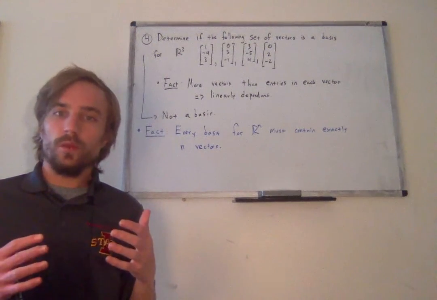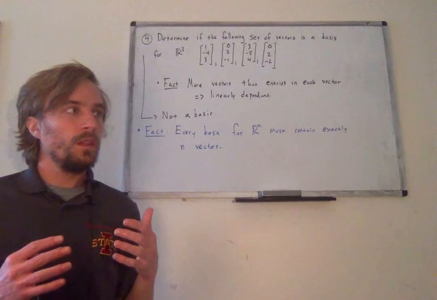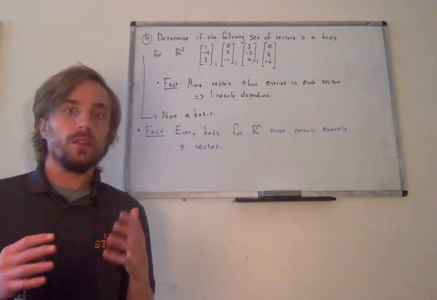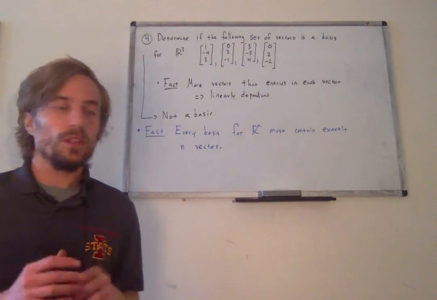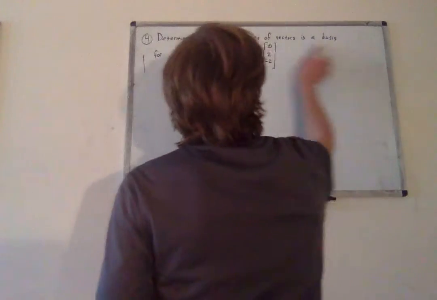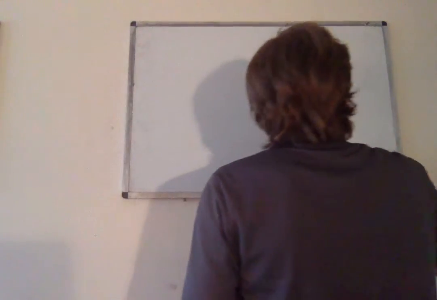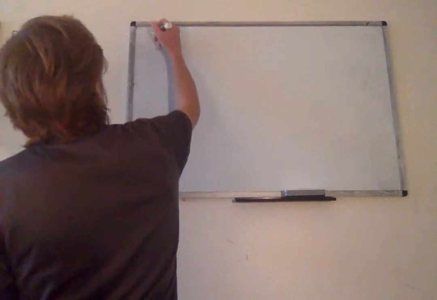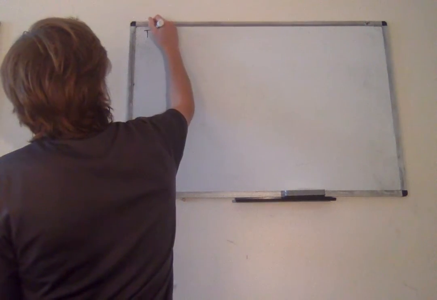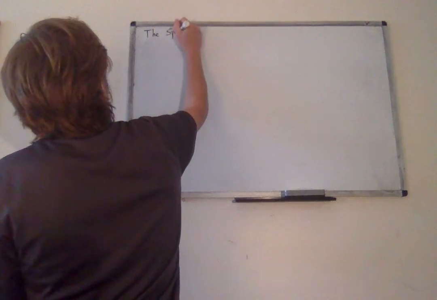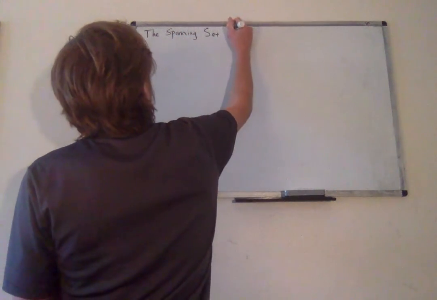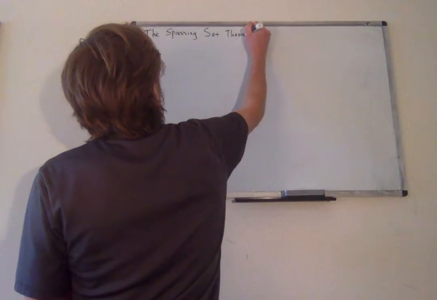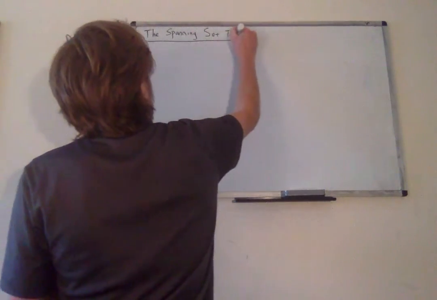And so what I want to end with is the spanning set theorem, which tells us how, if we're given too many vectors, we can whittle down the number of vectors to still get a basis.